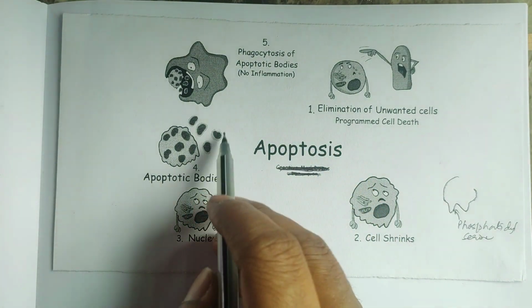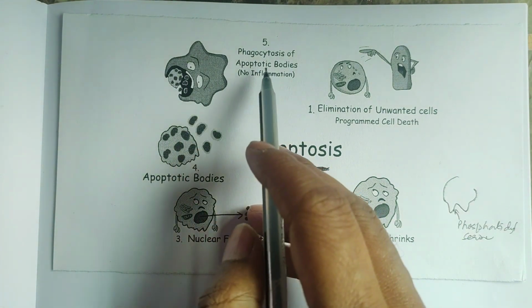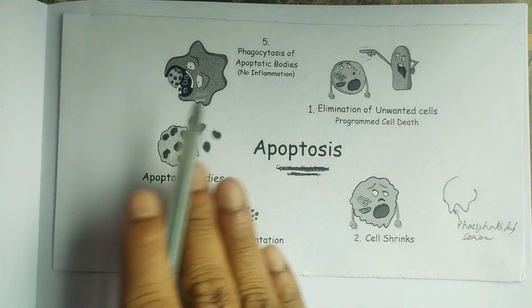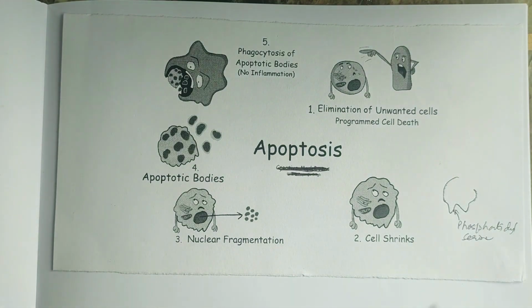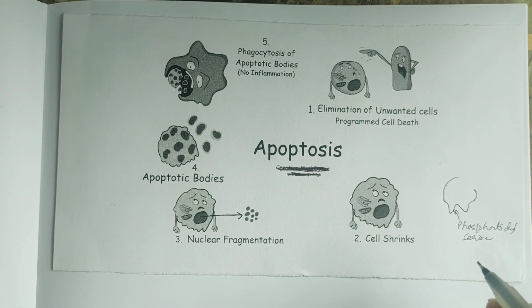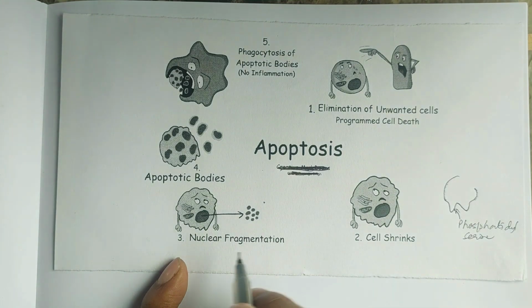These apoptotic bodies are then phagocytosed by the macrophages, and there is no inflammation.